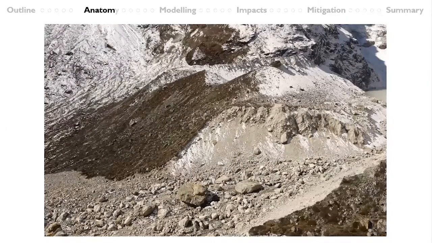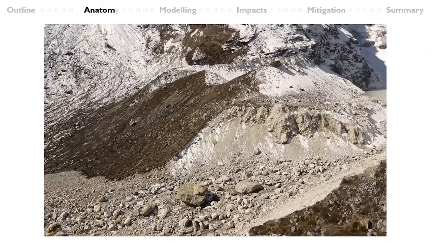These are what moraine dams tend to look like. This is one of my photographs from Nepal. This is the Dig Tsho moraine dam, which failed in 1985 as a result of an ice avalanche into the lake. These structures can be vast. Terminal moraines, glacial moraines, can often be very, very large structures.